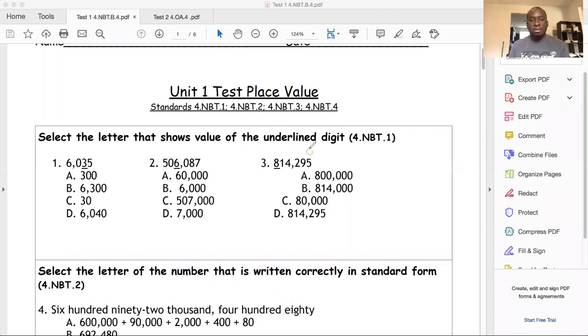I know this is my ones place, my tens place, my hundreds place, my thousands place, my 10,000s place, and this 8 is my 100,000s place.